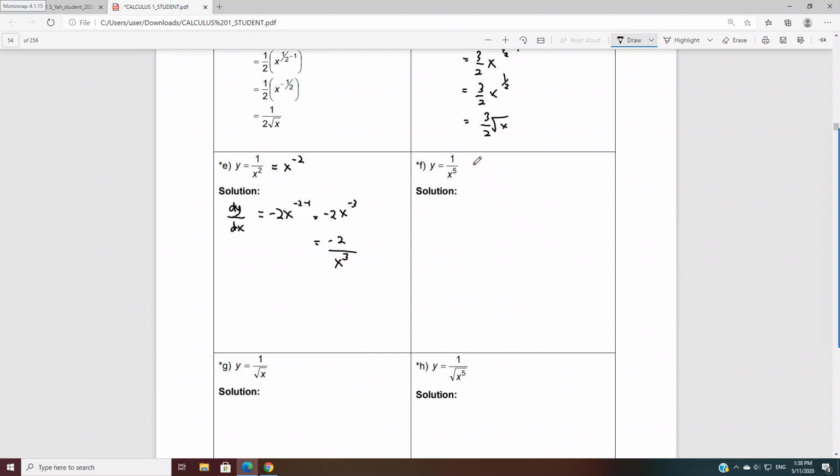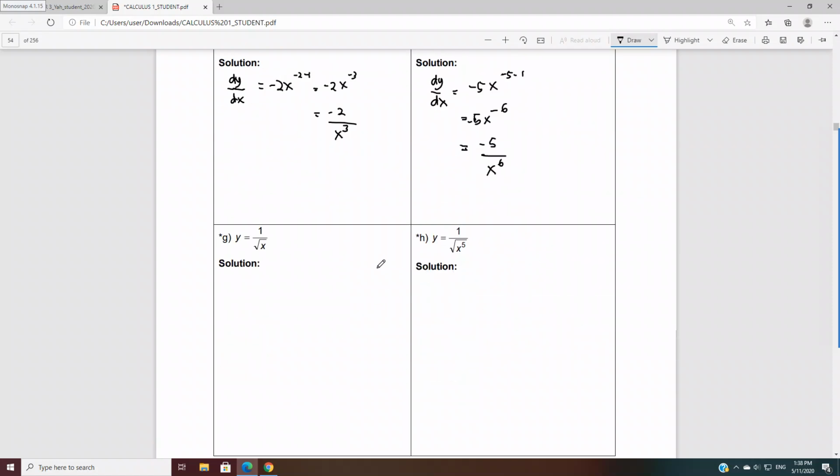Ni jawapan dia. Okay, yang ni pun sama. Dia akan jadi x kuasa negatif 5. So dy dx dia sama dengan negatif 5 x negatif 5 minus 1. So negatif 5 x minus 6. Okay, so negatif 5 over x to the power of 6 lah.